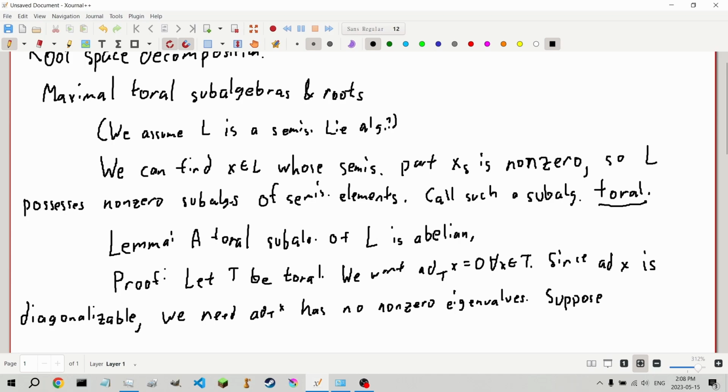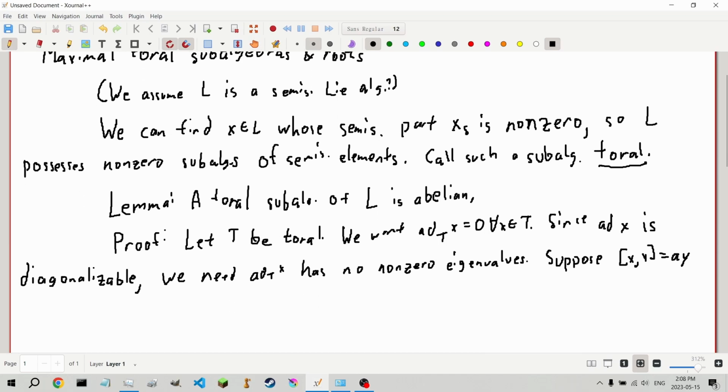Suppose it did, say, the adjoint of x on y is equal to ay for some non-zero y in T. So y is a non-zero eigenvector.